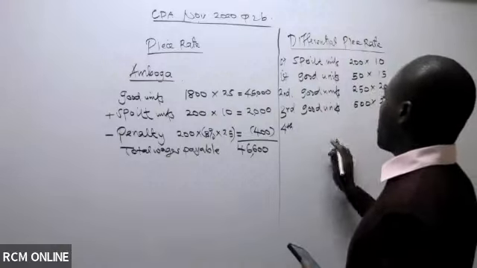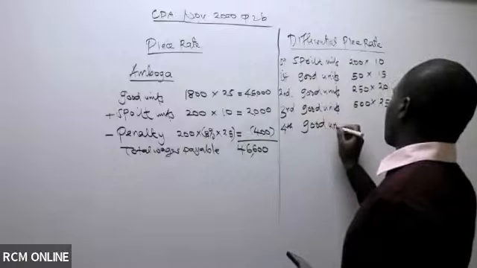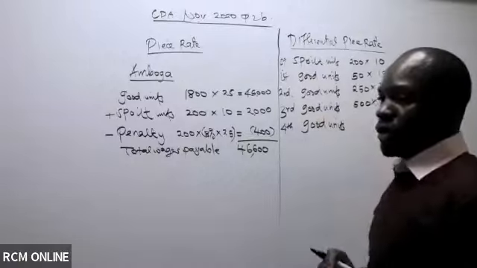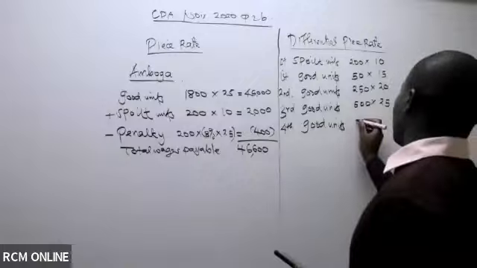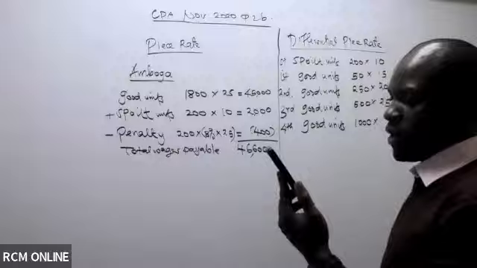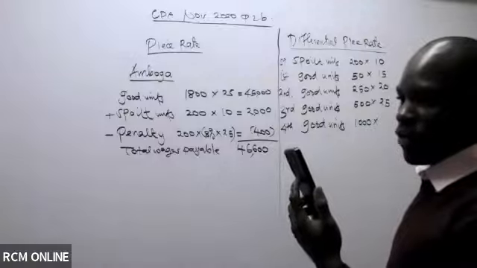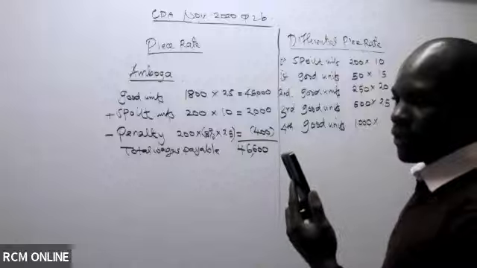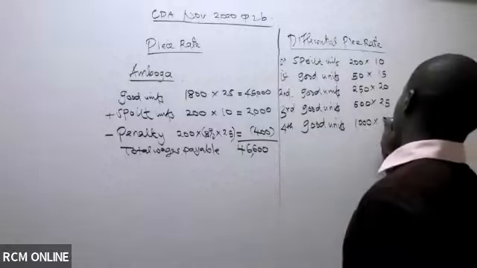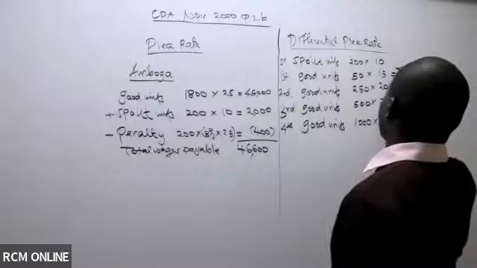So how many goods are remaining? 1,000. So how much was paid for the 1,000? 30 shillings, right? So these ones here will be the amount earned by this individual.